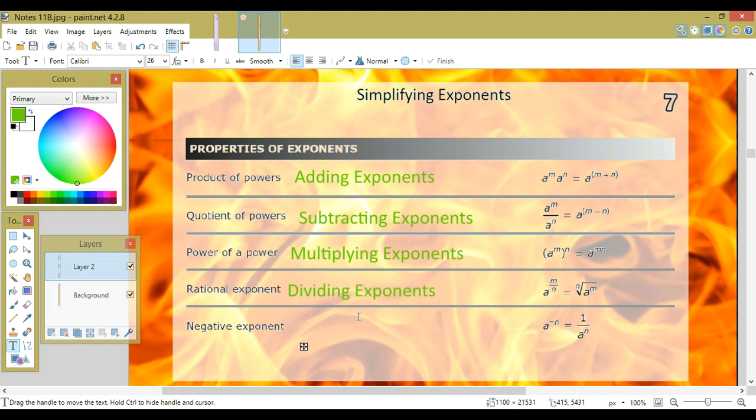Negative exponent, you flip the fraction. There's no change in the signs here, except for with the exponent. So we have negative n at the top, and when you flip it, the n becomes positive. It works the same if this is a negative in the denominator. You just flip it over the bar.